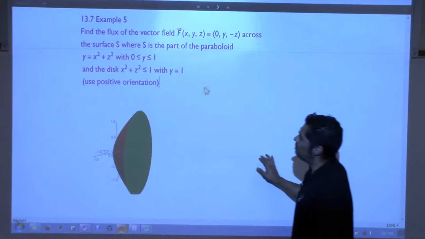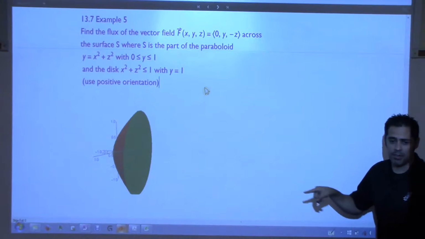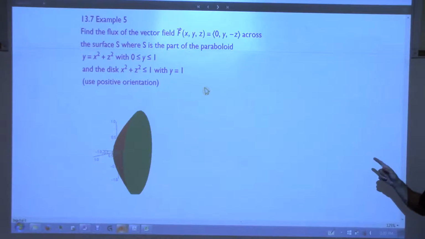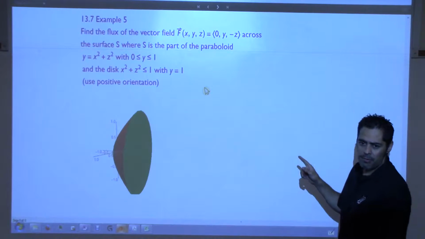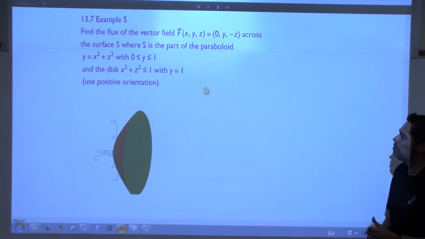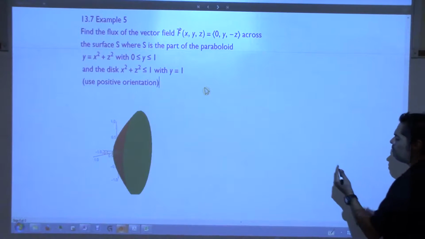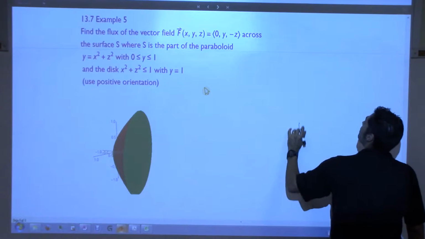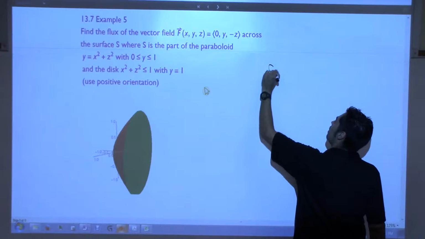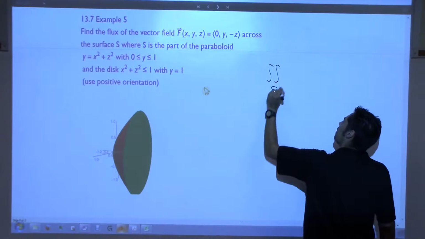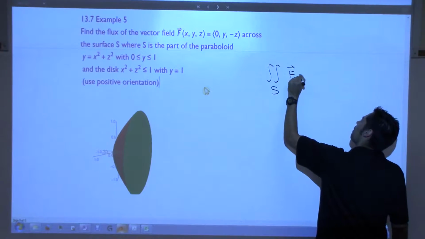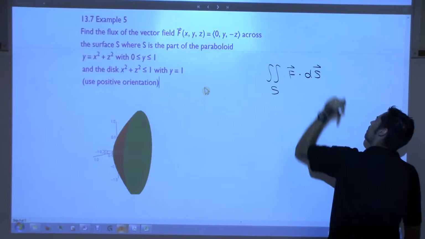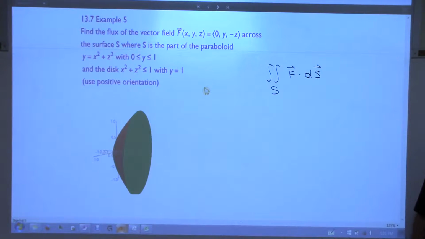All right, so look, we're gonna get through 13.7 today. We're gonna start 13.8. I'm gonna do two more examples in 13.7 of flux. And to remind you what we have for flux, there are a couple of formulas. The main one I'm gonna use, does that look familiar? Somewhat familiar?